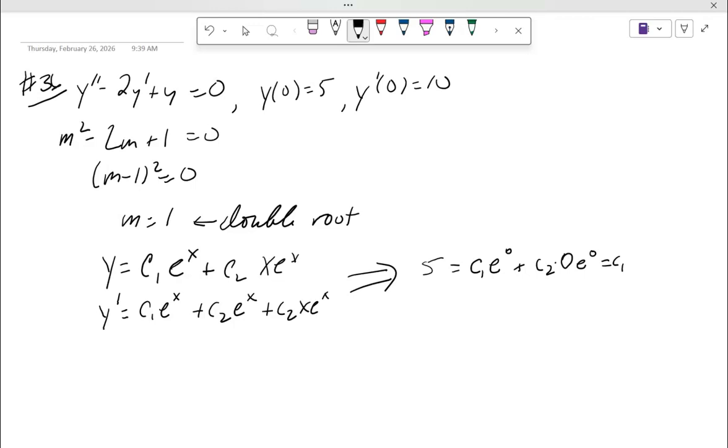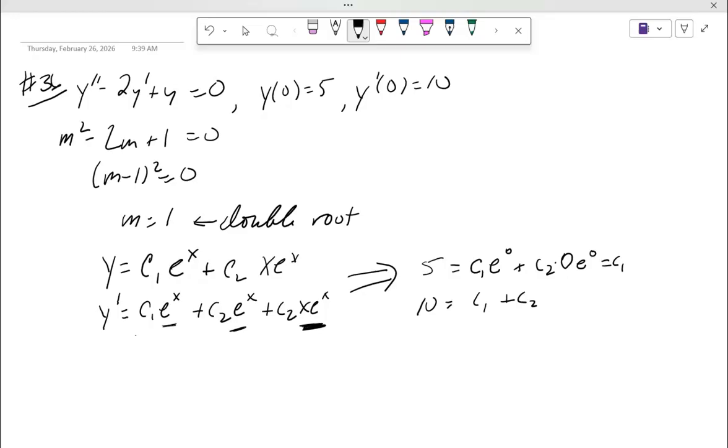What do you get for the second equation? C1 plus C2. Good. We get 10 for the y prime. When I put 0 in for x here, we'll just get C1. When I put 0 in for x here, we'll get C2. When we put 0 in for x here, we'll get 0.